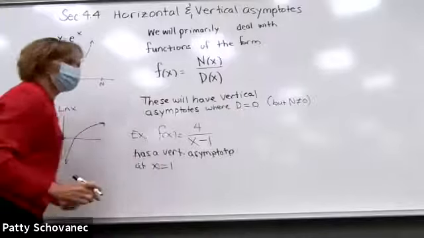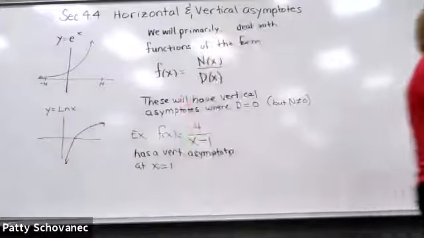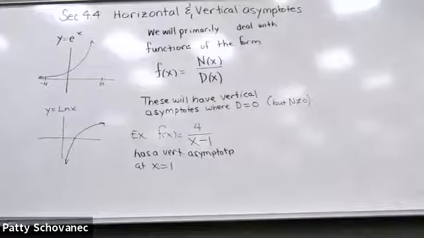What does the rest of the graph look like? What does the graph look like around that vertical asymptote? What does it look like near the vertical asymptote? Well, maybe the derivative will tell us. The derivative tells us almost everything about the graph. Let's take the derivative of this.